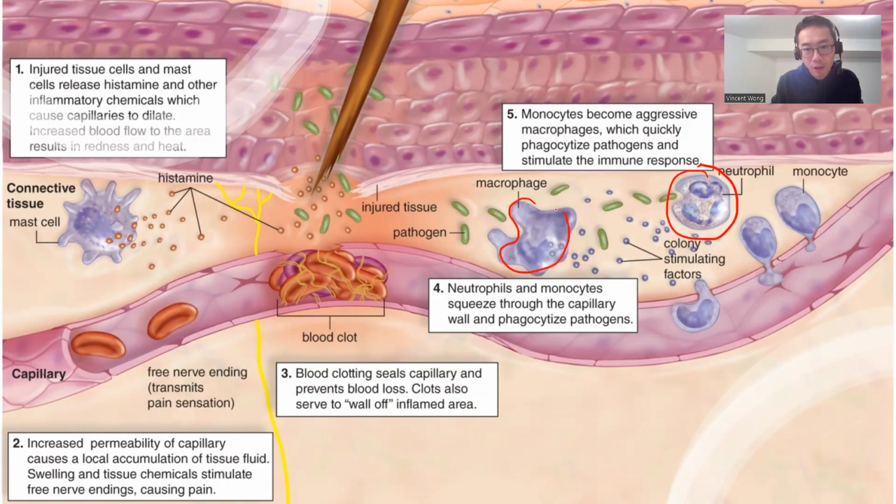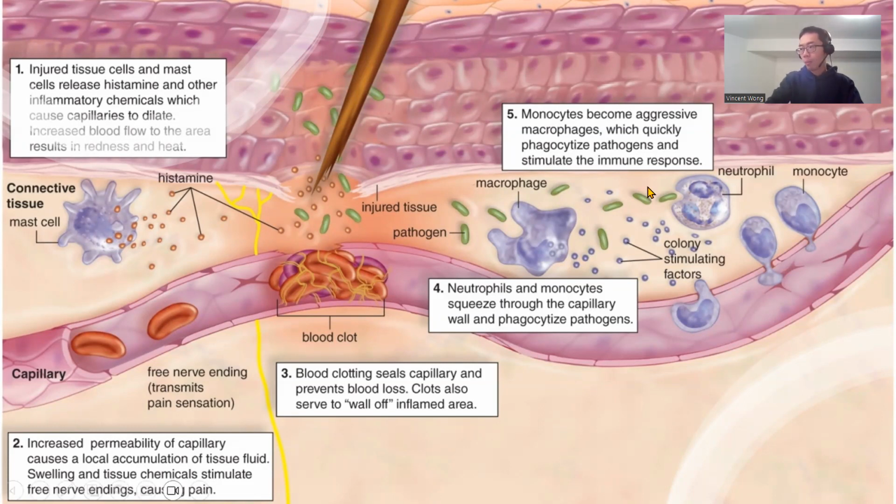We have the macrophage here trying to eat up as many of the green bacteria as possible. And then you're going to be releasing some colony stimulating factor, which would go to the bone marrow and cause you to make more of it. And here you have blood clotting going on to start to repair the wound. It's just a really good slide to read through on your own and try to see how everything is connected.